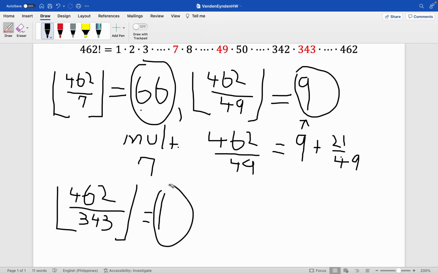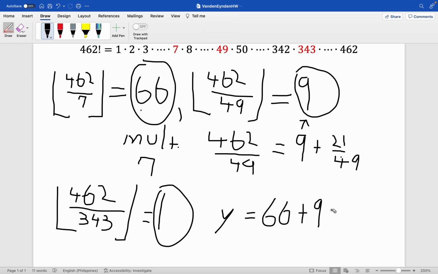So folks, what we get is our y is actually going to equal the sum of all of these multiples of 7. So that's equal to 66 plus 9 plus 1. And y'all, I can do that in my head.